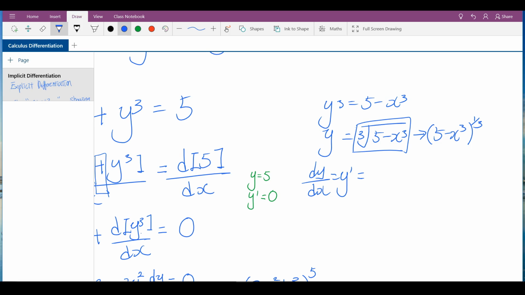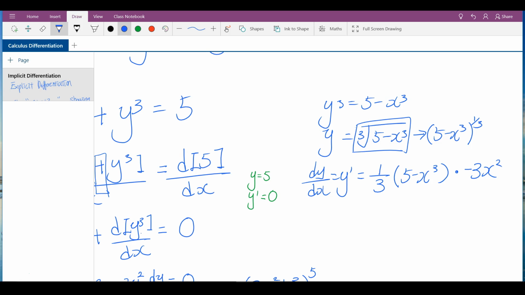Right? Now, to derive this, we use the chain rule, right? So it's 1 over 3. Right? And the bracket doesn't change. Whatever inside the bracket doesn't change. Right? And then we multiply by the derivative of the bracket, which would be negative 3x squared.